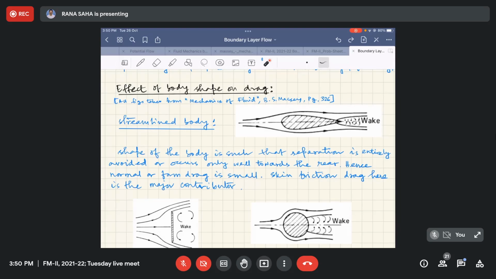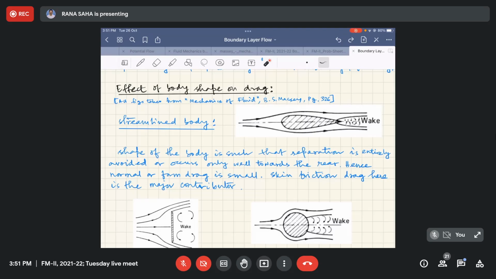Another technique is that if you reduce the contact of the body with the flow, so the contact area is minimum, then also you can reduce the skin friction drag, because it is ultimately force equal to shear stress at the wall tau W times the surface area in contact, that is A.